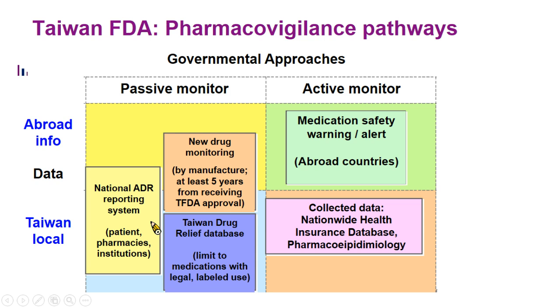In this part, there is a foundation that would like to donate money or some reimbursement to those patients or the survivors or the patient's family. And the database here is referred to as the drug relief database. So you can imagine that there are a lot of precious ADR reports from this database that we can use.